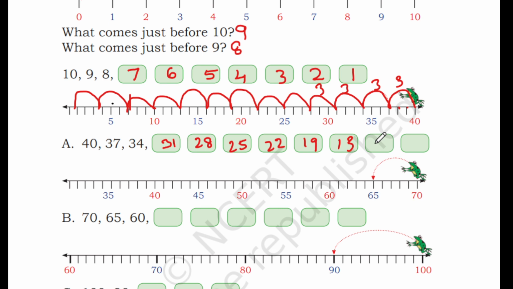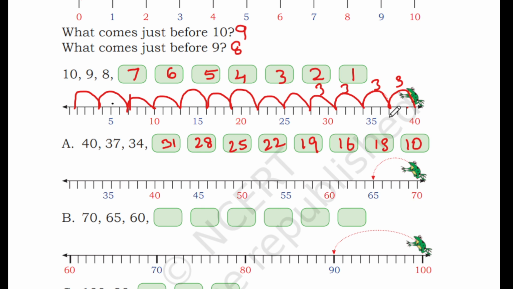Sorry, let's do this again. From 25 it's 22, 19, then 16, 13 and 10. You can write the number here also.